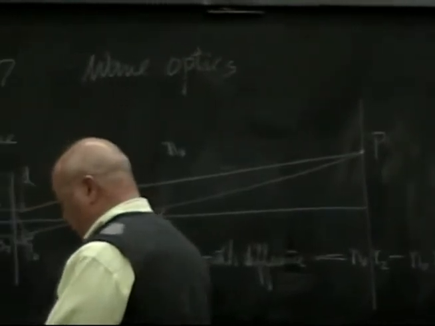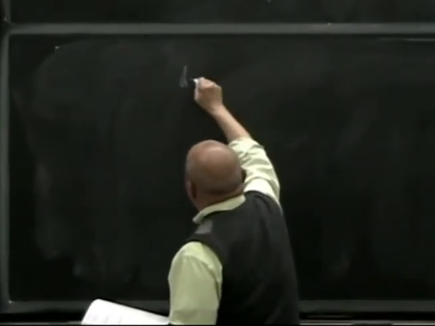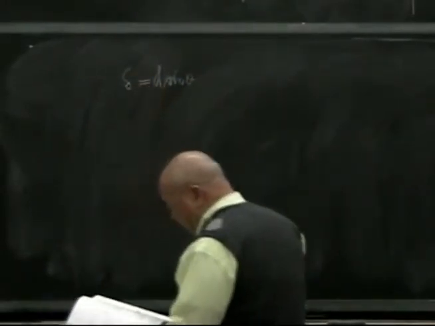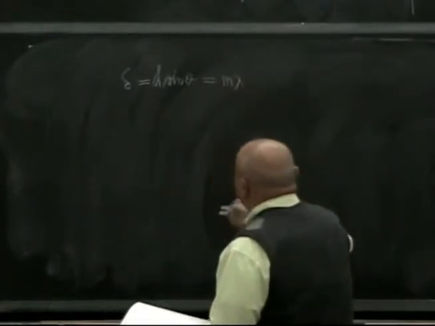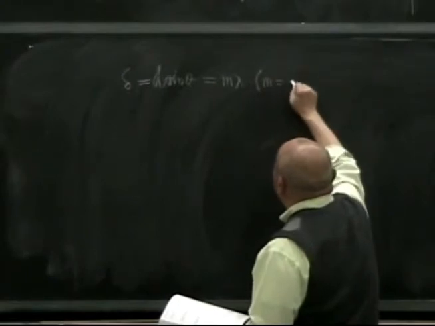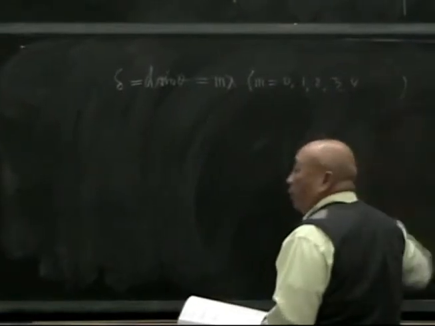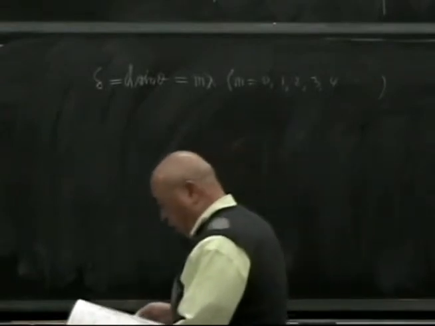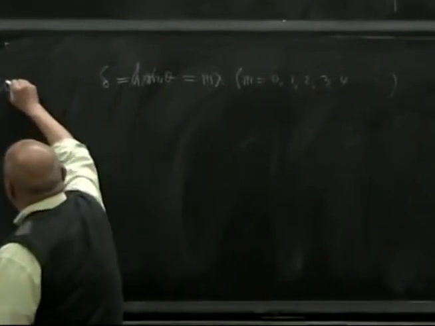If d times sine theta equals delta, and it is m lambda, a multiple of the wavelength, in which case m equals 0, 1, 2, 3, 4, and so on, this gives us constructive interference.